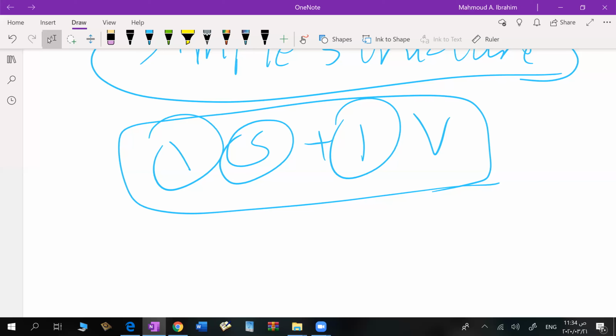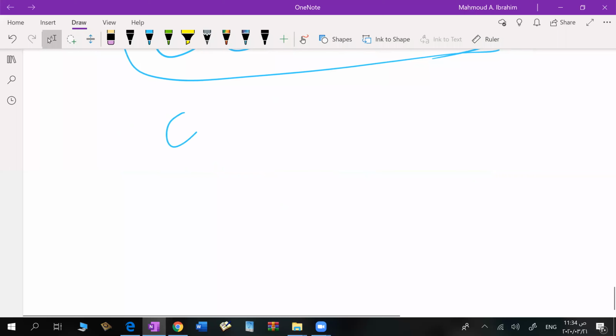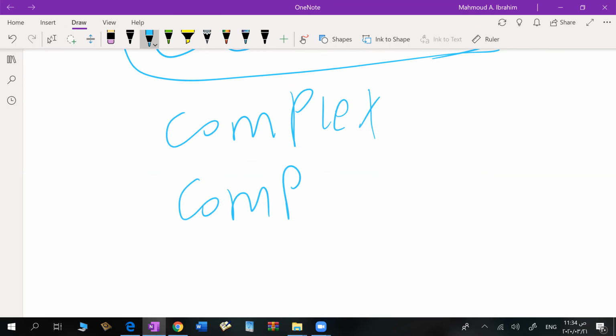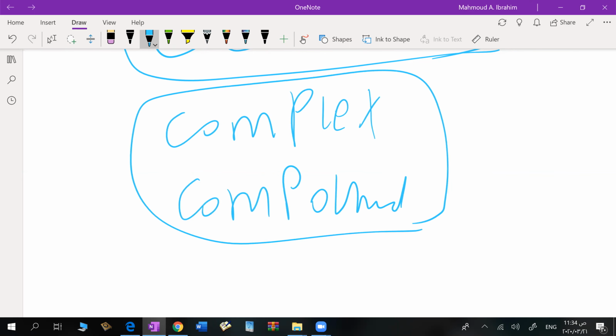Because one sign of being an intermediate student in English is the ability to use complex structures or compound structures. This is what we are going to start talking about today. We'll talk about complex structures and compound structures and how to use them correctly so that you can vary your structures and take your writing and speaking one step further.